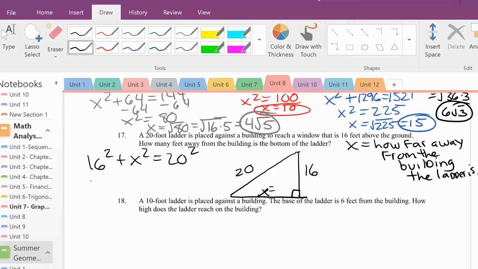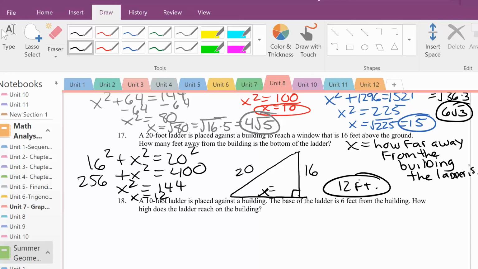Or you could do the Pythagorean theorem, and 16 squared is 256 plus x squared equals 400. Subtract 256 to get 144. Then take the square root and you get x equals 12. So it is 12 feet from the bottom of the ladder to the building.